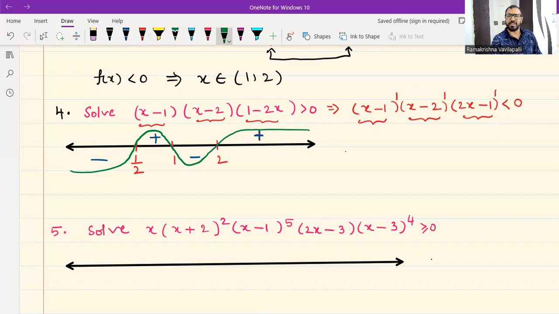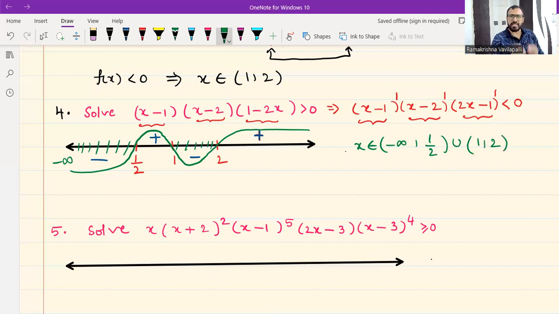Now, we want that this expression is negative. You find where are the negative signs. So x belongs to, here is the negative sign for our solution. This is the feasible region, minus infinity to 1 by 2, union, the feasible region is here, 1 to 2. That's it. Answer is over. Very simple.